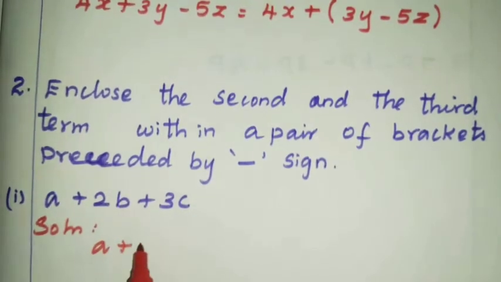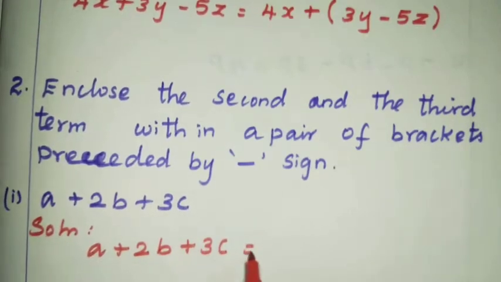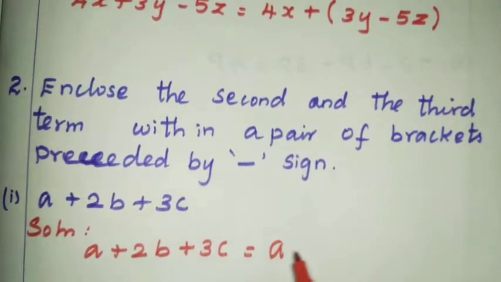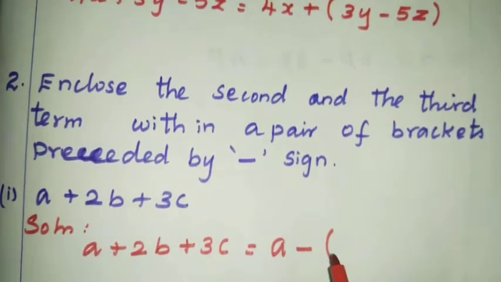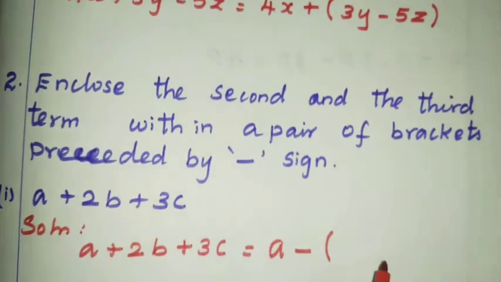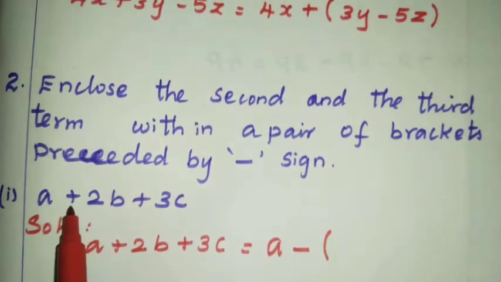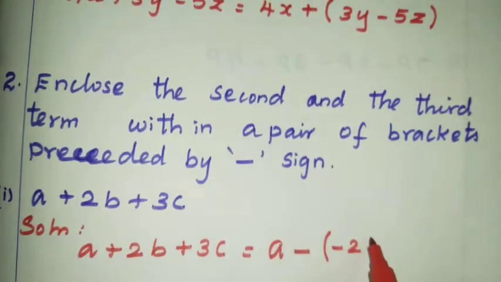a plus 2b plus 3c, which is equal to, first term is a, before the bracket there is a minus sign. So what is the rule? You must change the sign of the elements within the bracket. Here the second term is plus 2b, it is changed into minus 2b.